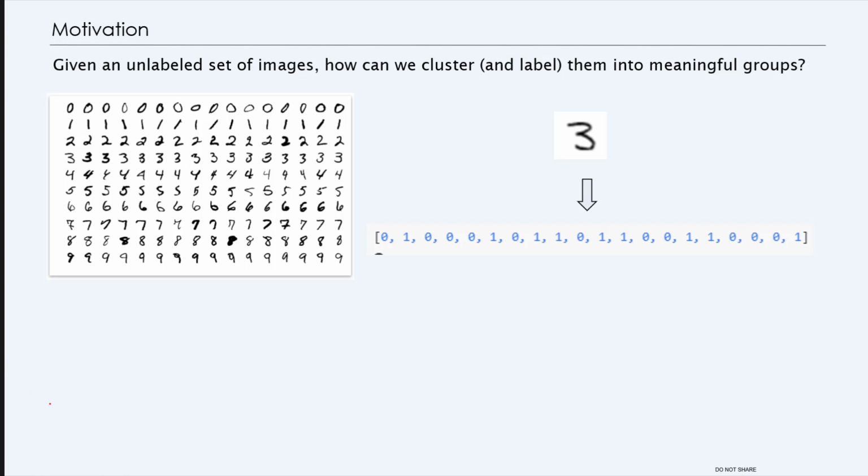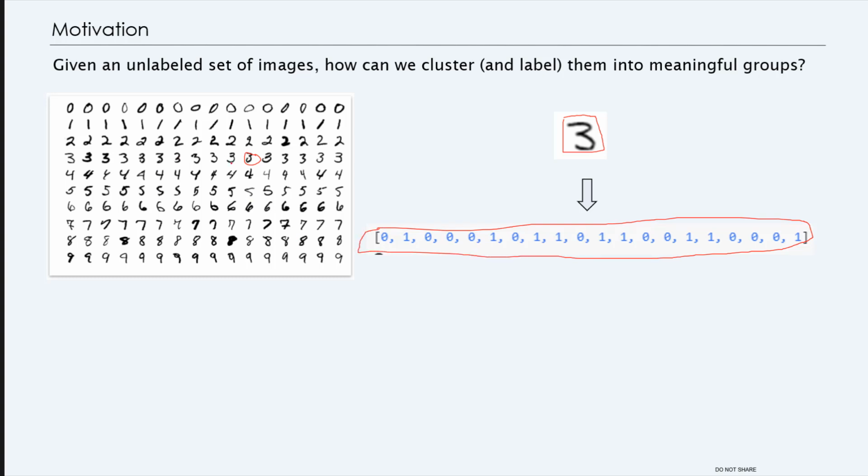Now here, let's suppose that we have an unlabeled set of data, or a set of handwritten image digits, given here. Each one is an image, which is a two-dimensional matrix. By flattening it, we can consider that as a one-dimensional vector.